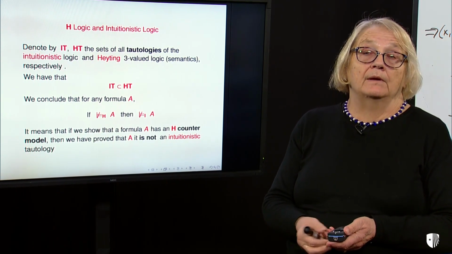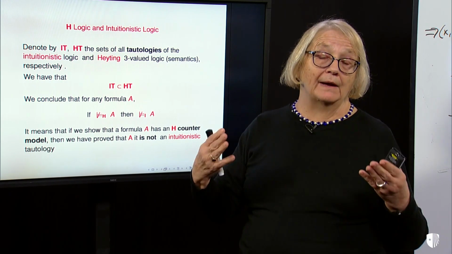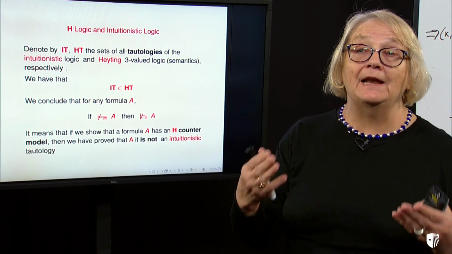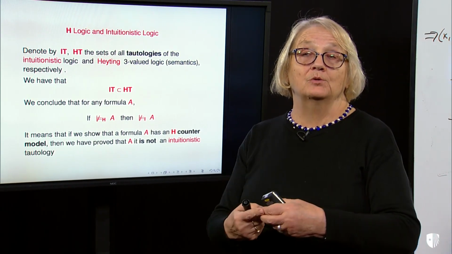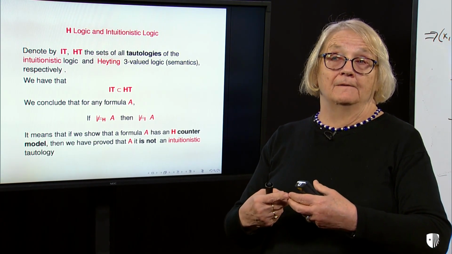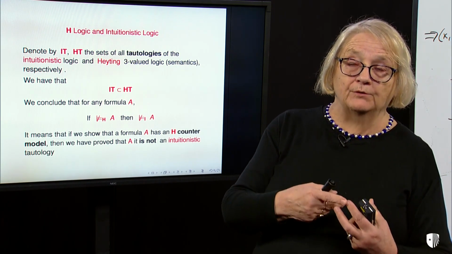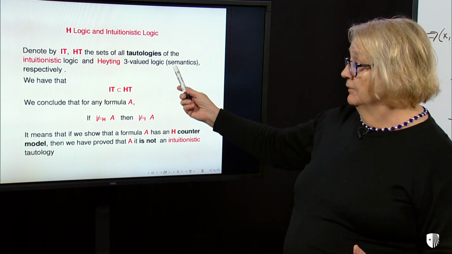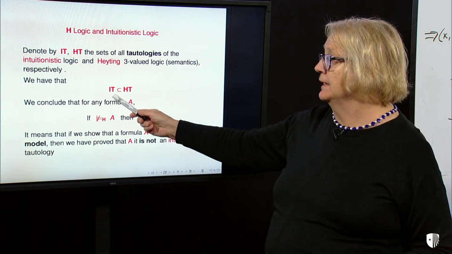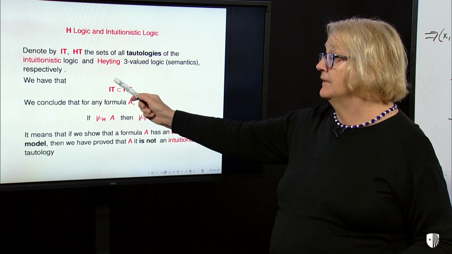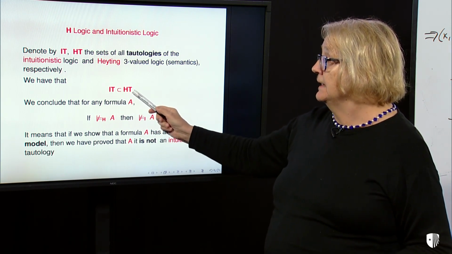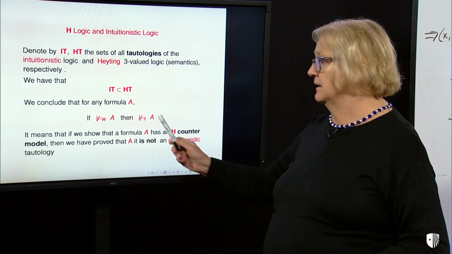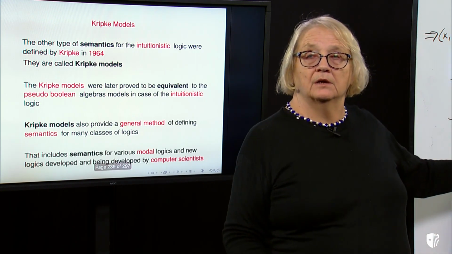So now again, you have another logic defined semantically, and you ask how it relates to classical, how it relates to Łukasiewicz. Of course, the relationship between intuitionistic and Heyting is that any intuitionistic tautology is a Heyting tautology. So if it's not Heyting, it is not intuitionistic, as we already showed.